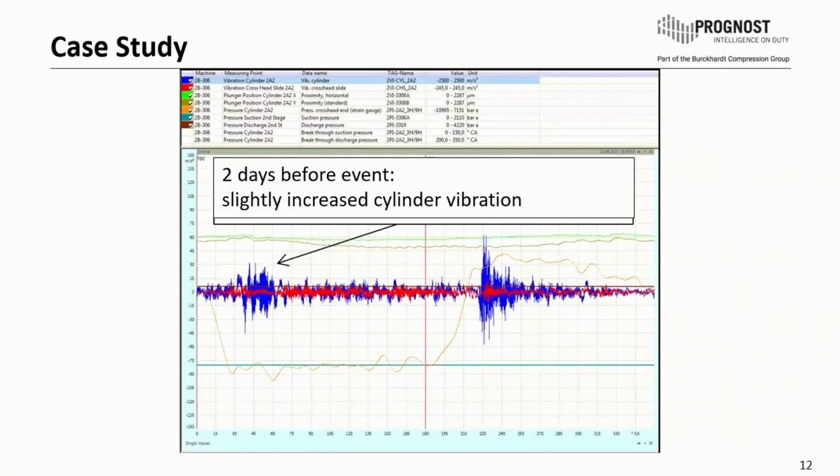Two days before the event, we could see a slight increase of the cylinder vibration in this area from segment 3 to segment 6. This was the first indication of something.